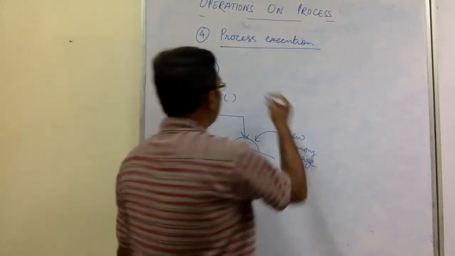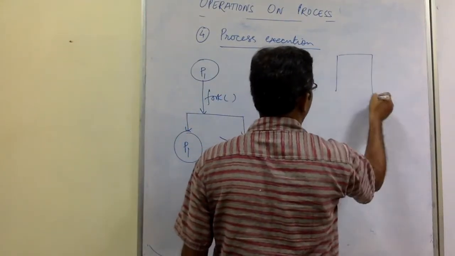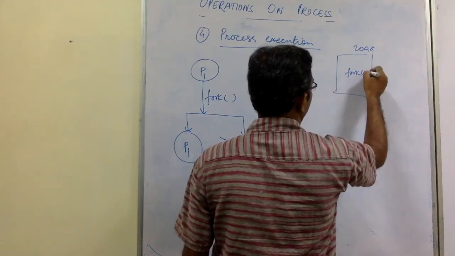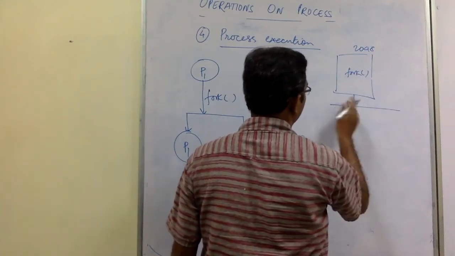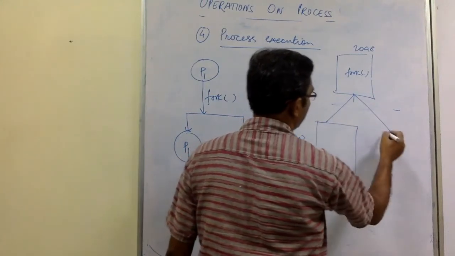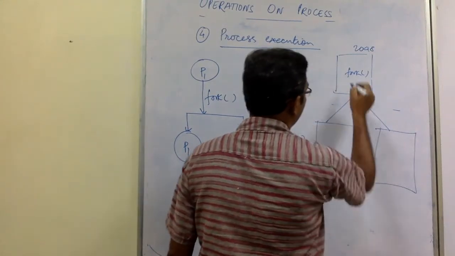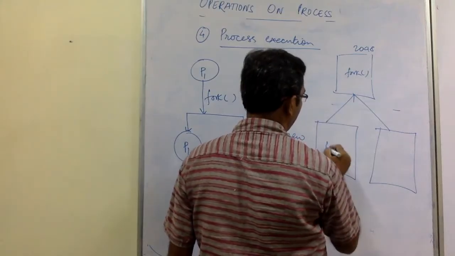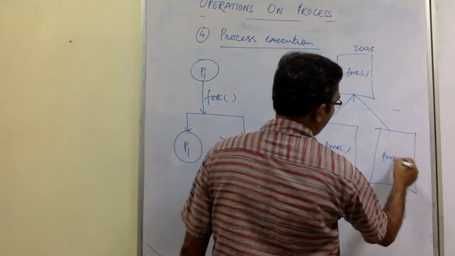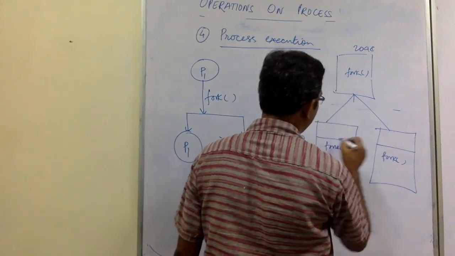Because we saw that, say this P is 2048, a fork eventually creates a new process, which is the child process, but the code and data, that's the same for both of them. So that's identical, right?